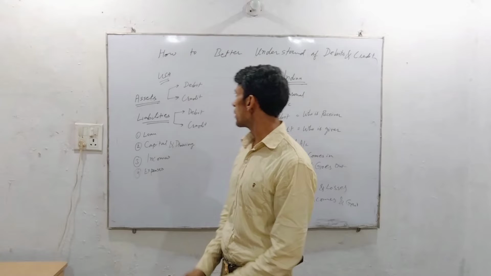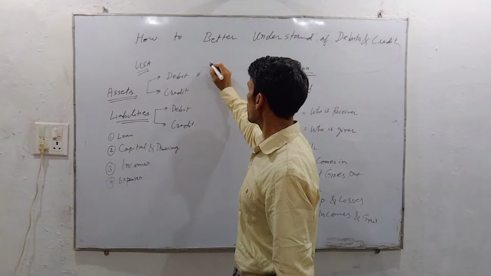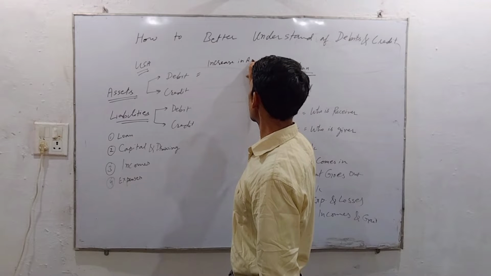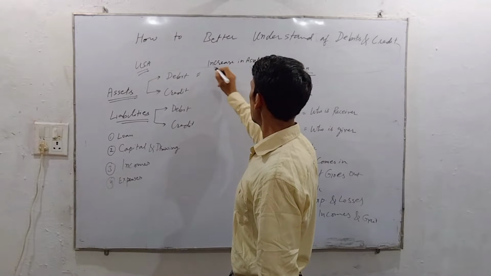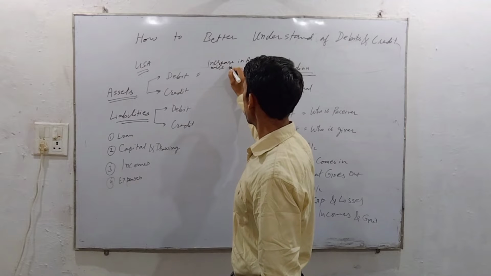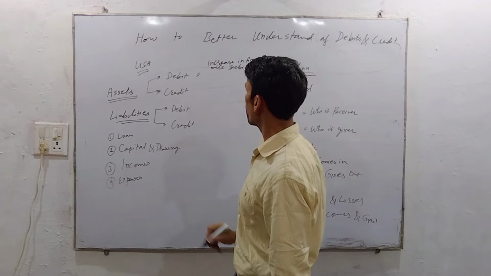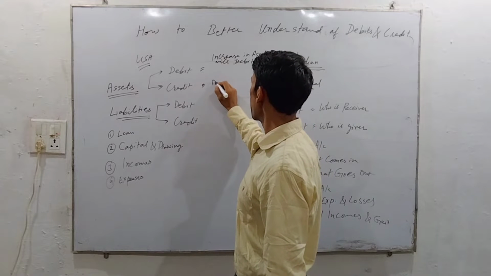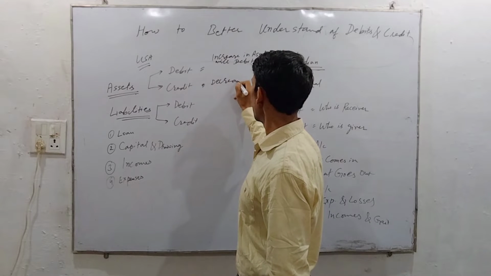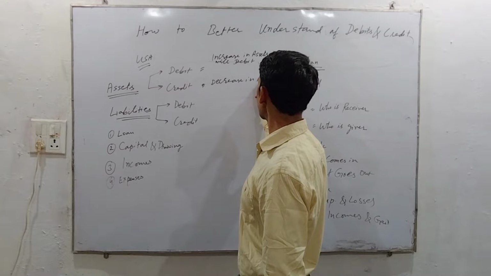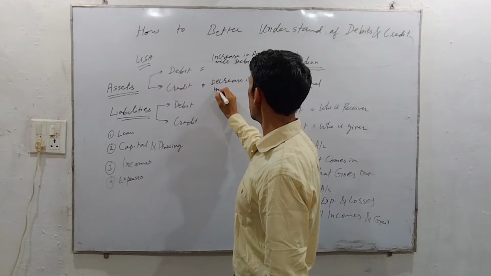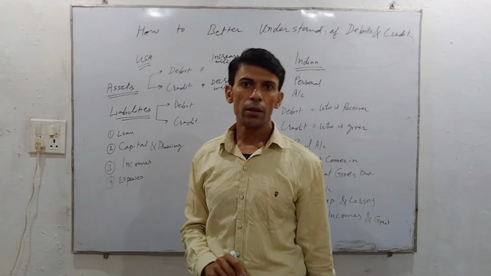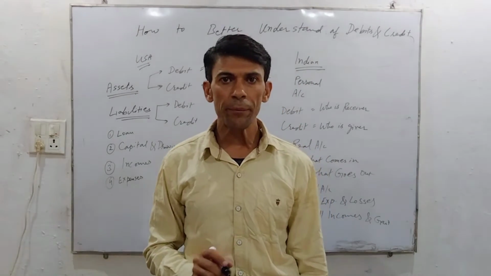An increase in assets will be debit, and a decrease in assets will be credit.